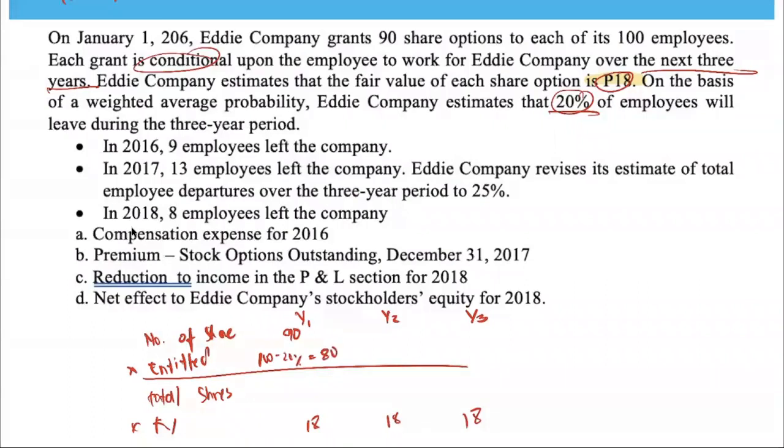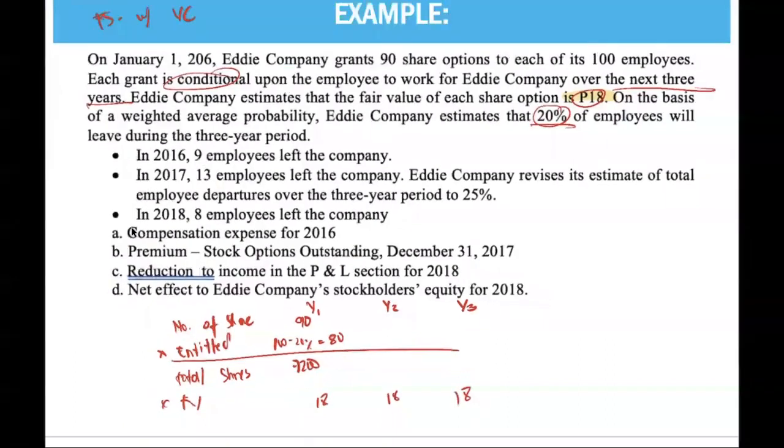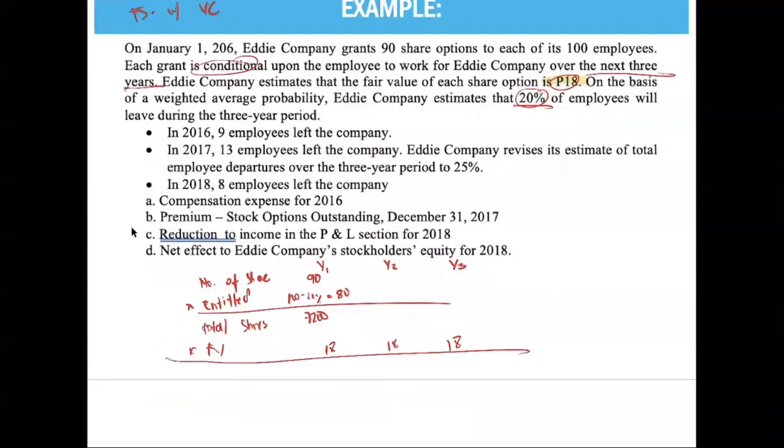So 90 times 80, the number of shares is 7,200 multiplied by the fair value, 129,600.